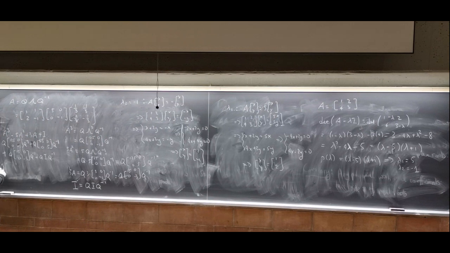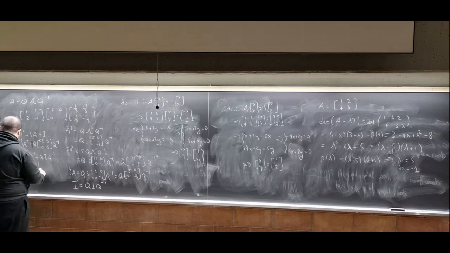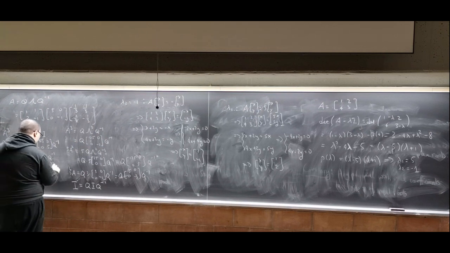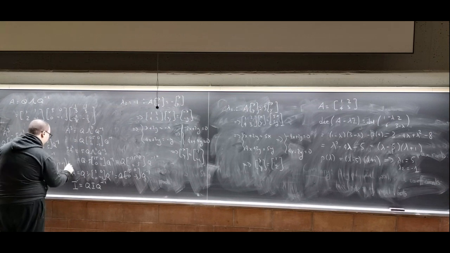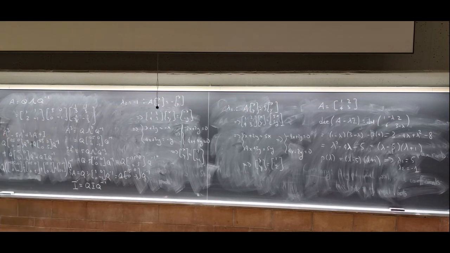This equals Q of the first matrix, 125, 0, 0, minus 1, minus 125, 0, 0, 5, plus 15, 0, 0, minus 3, plus 1, 0, 0, 1, and the entire thing times Q inverse.